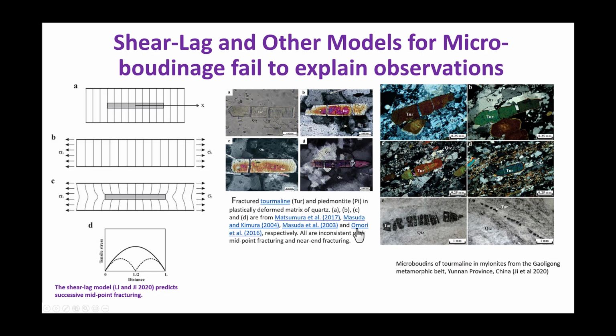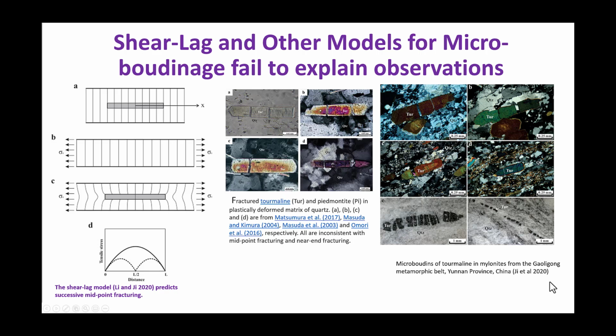Some more pictures of microboudins of tourmaline in mylonite from the Gaoligong Metamorphic Belt, Yunnan Province. So tourmaline here, the fractures here. These fractures do not occur as middle point fracturing. They occur randomly.